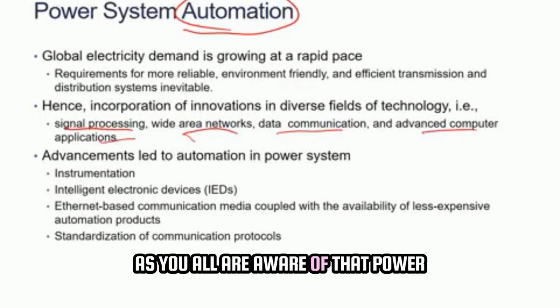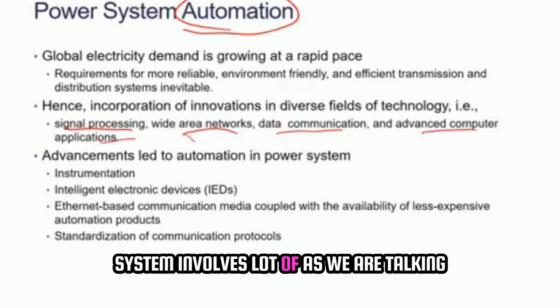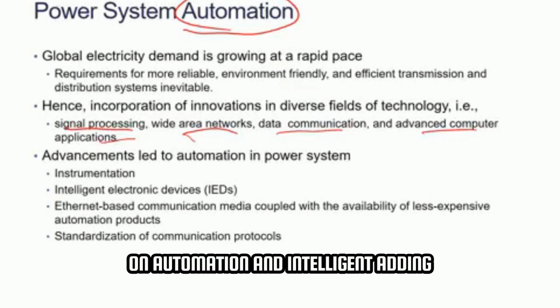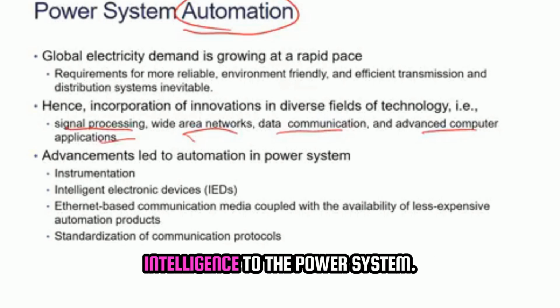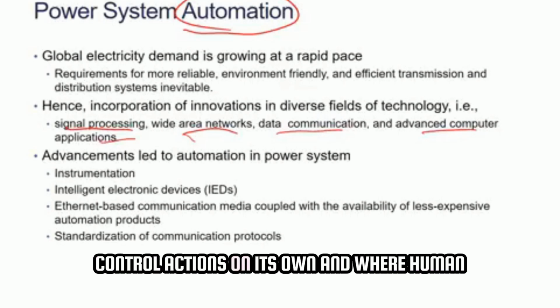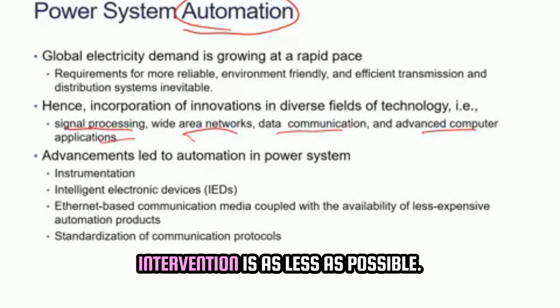As we are talking about smart grids and smart cities, these are all focusing on automation and adding intelligence to the power system, where the power system can take control actions on its own, and where human intervention is as little as possible.